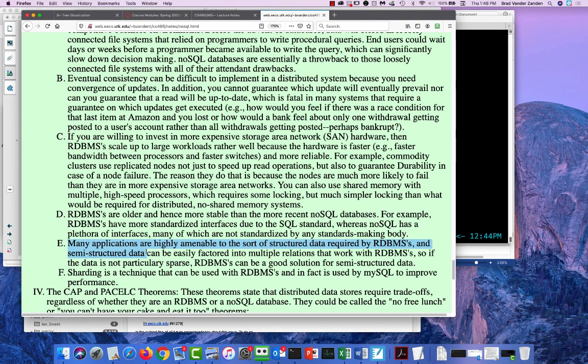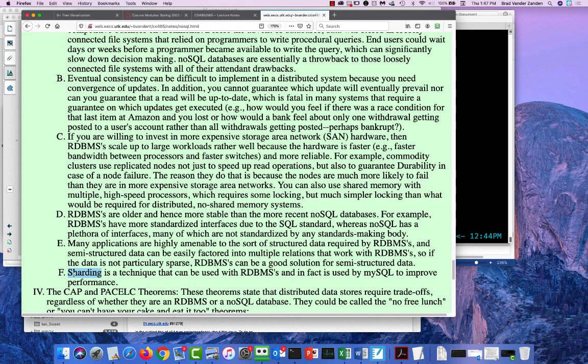So often semi-structured data really isn't sparse, in which case NoSQL storage blows up because they're storing attribute names.